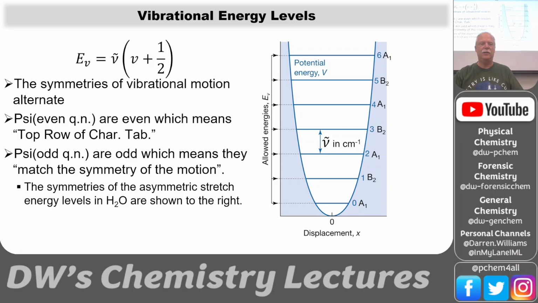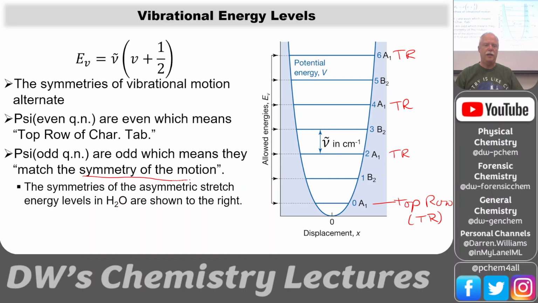Vibration levels. We could do the same thing with vibration, and vibration alternates top row and so on. So this is top row. TR. Okay, and then the odd ones are the symmetry of the motion.